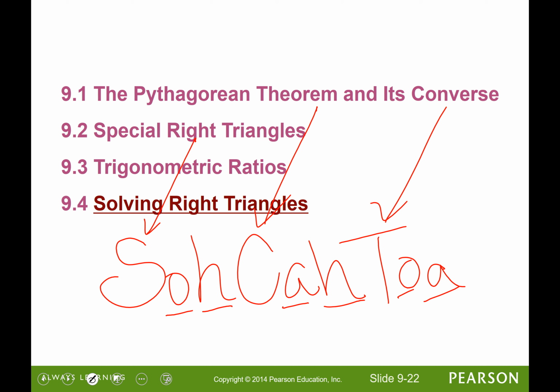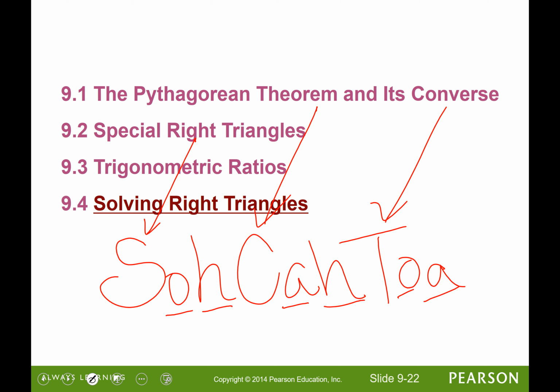Good job. A lot of people use this to help them remember the trigonometric ratios, and it is pronounced SohCahToa. But you have to know how to spell it for it to help you.